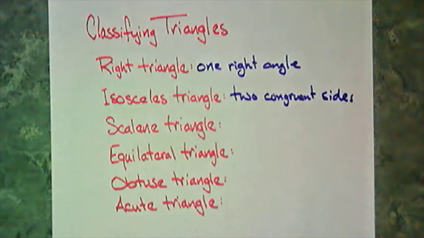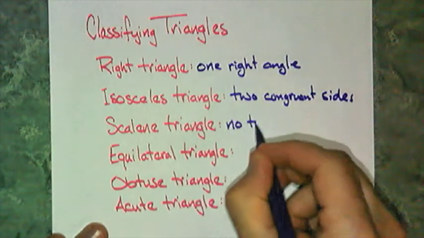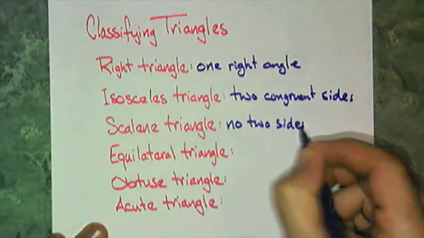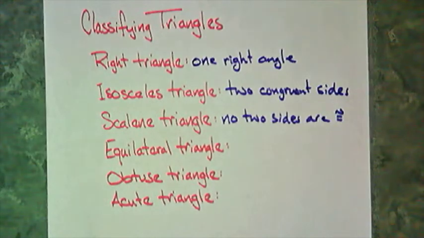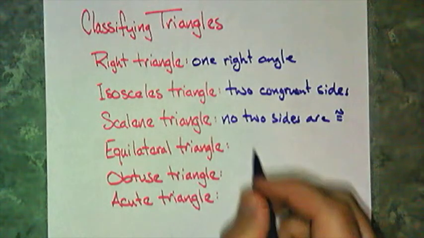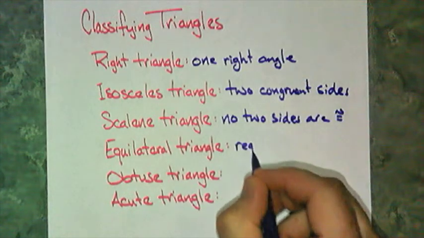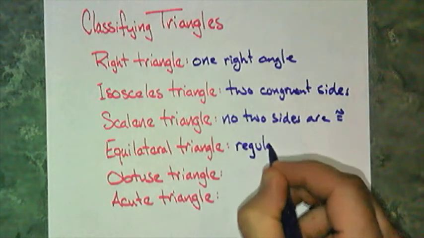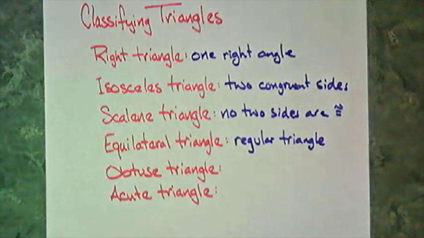A scalene triangle has no congruent sides. No two sides are congruent. An equilateral triangle is a regular triangle. And I just told you what regular means, so you can review that if you need to.